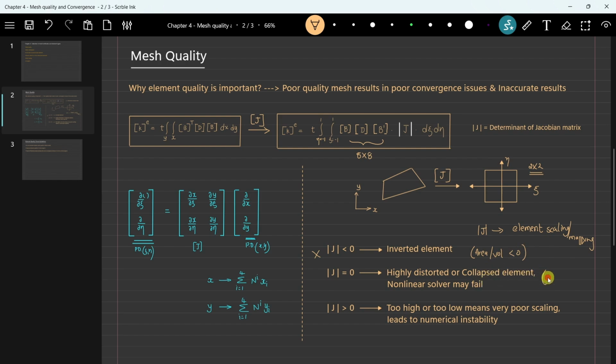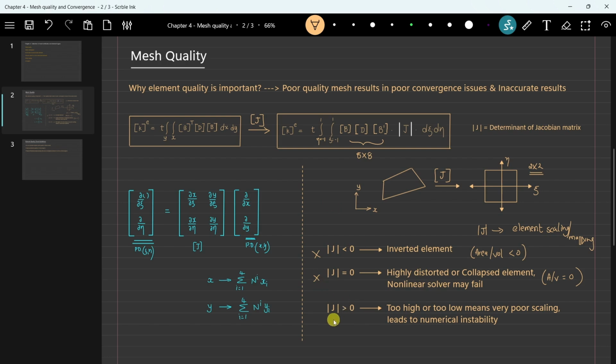In this case, the area or volume is equal to 0. So the element stiffness matrix becomes singular, and we cannot do numerical integration for the element stiffness matrix. So the nonlinear solver may fail. So this is also not acceptable.